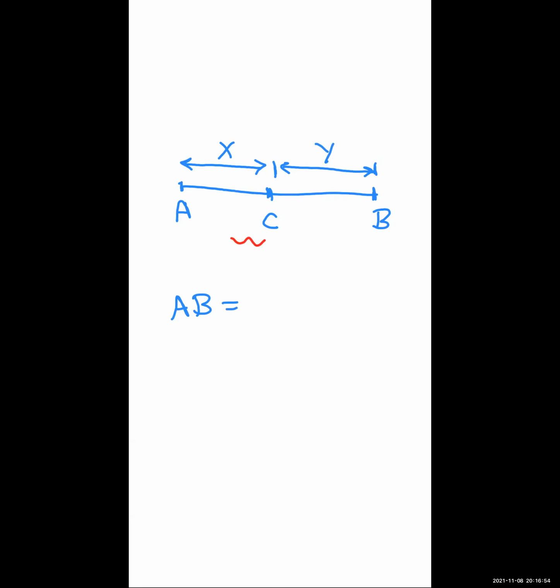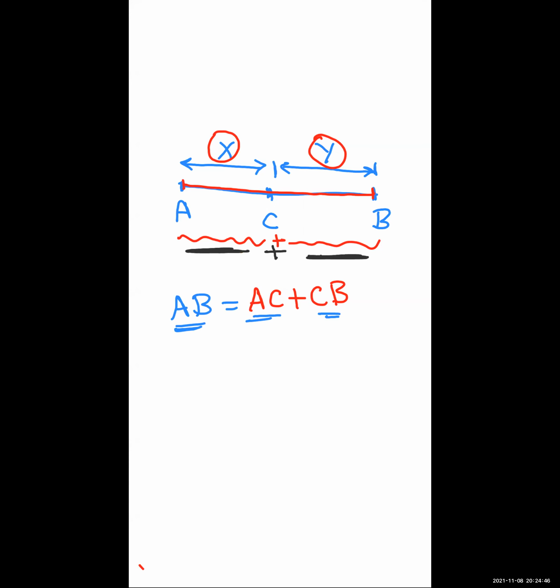AB equals this part plus this part. So AB equals AC plus CB. I'm talking now about the line segment AB. So now AB, as we said, will equal AC plus CB, I mean this part plus this part.